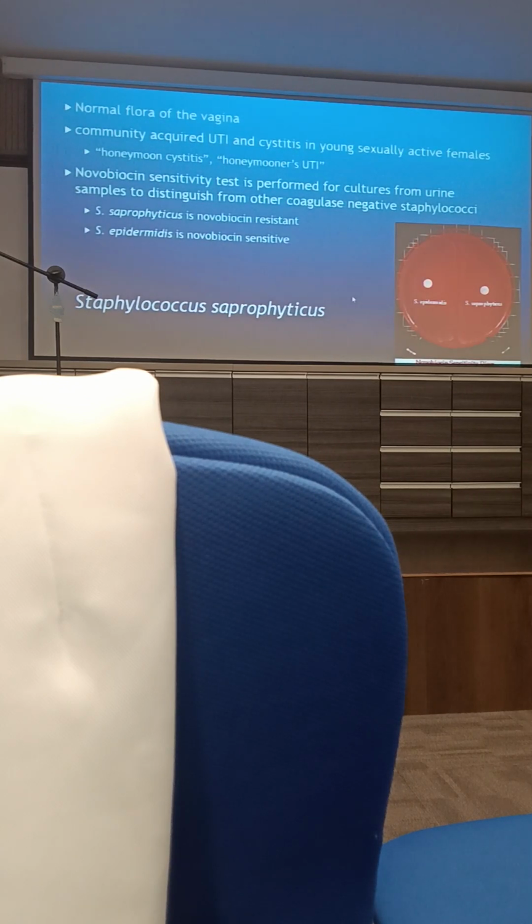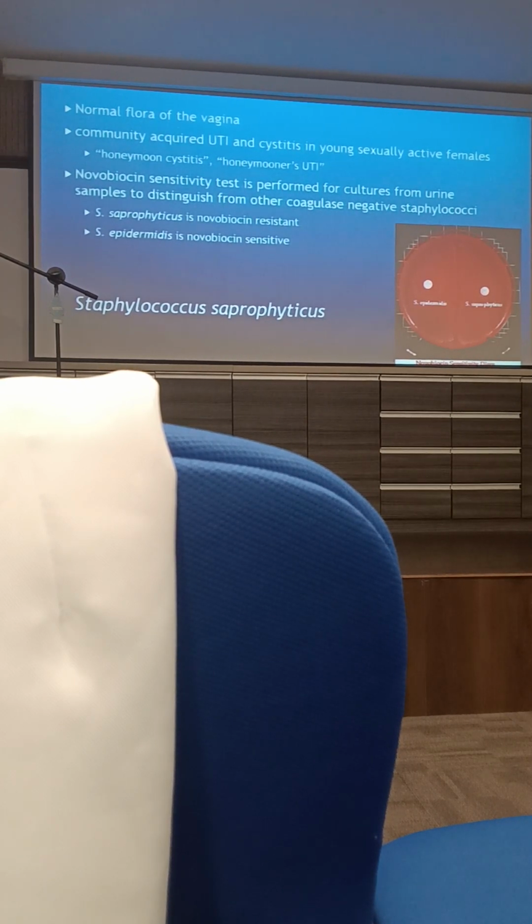Next, Saprophyticus. Saprophyticus is a normal flora of the vagina. It causes UTI, urinary tract infection, and cystitis in young sexually active females. So it's also called honeymoon cystitis, honeymooners' UTI.